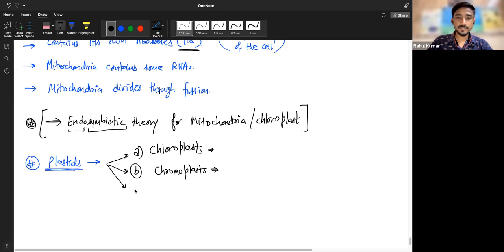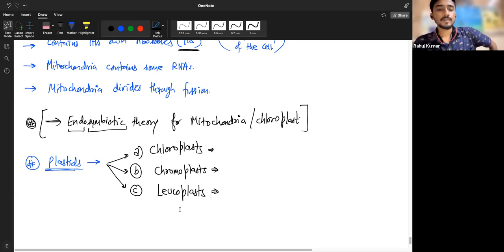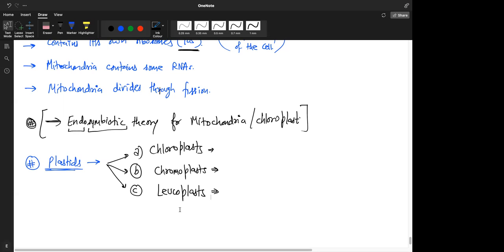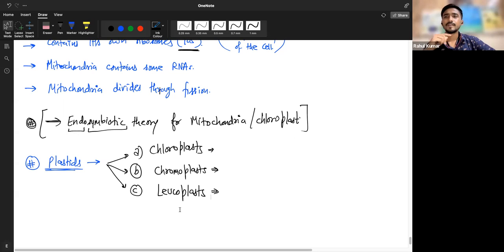The third one is called leukoplast. What does the word leuko mean? What is the scientific name of your white blood cells?